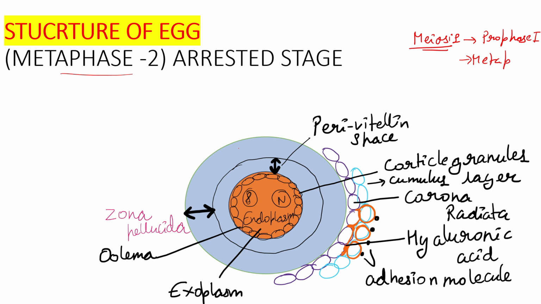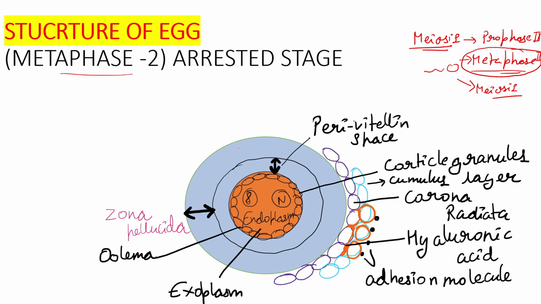So the egg gets arrested in the metaphase 2 stage. This is the stage where the ova stays arrested until the sperm comes and fertilization occurs. When fertilization starts, it will again undergo meiosis.